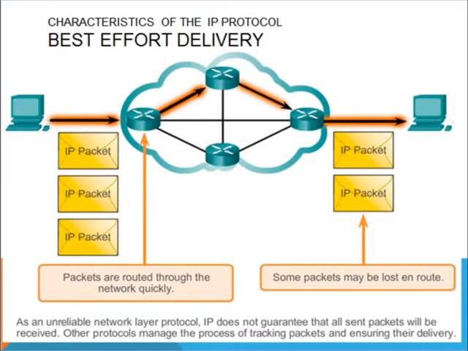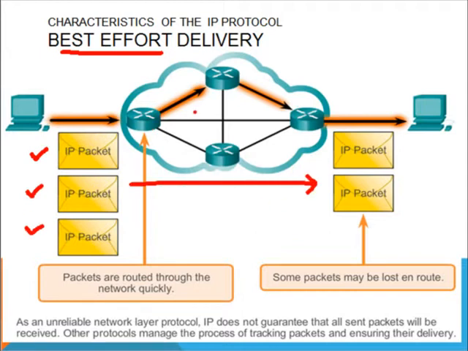Let's take a look at this characteristic of the IP protocol known as best effort delivery. What we mean by best effort delivery is that the IP protocol will try its best to send the packet from the source to the destination. Assuming you have 3 packets from the sender side, these 3 packets are sent through the network in different paths and reach the destination.